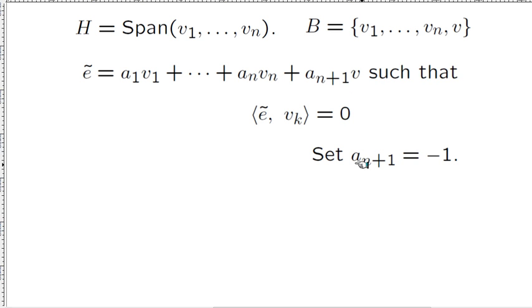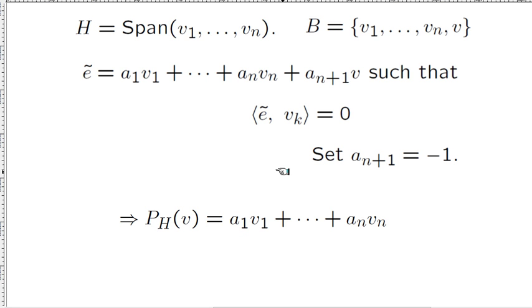If you set an plus 1 to negative 1, this reveals a very convenient solution for us. If you set that equal to negative 1 and compute the solution a1 through an for that choice, then it turns out this is really the projection.